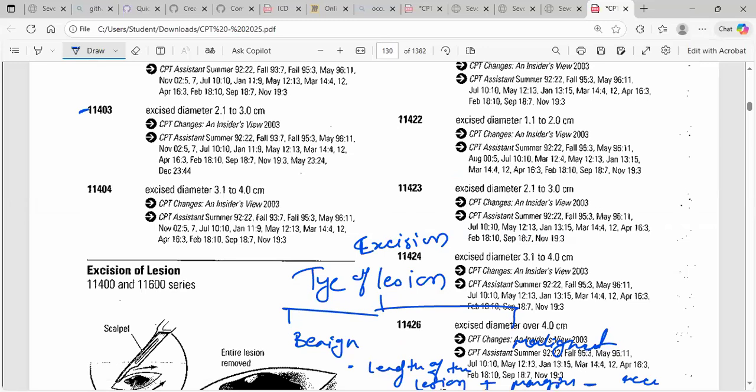So the formula is length of lesion plus margins of each side, and then with the excision you will not code the simple repair. Simple repair is always included for the same location. Any doubts? Any questions?